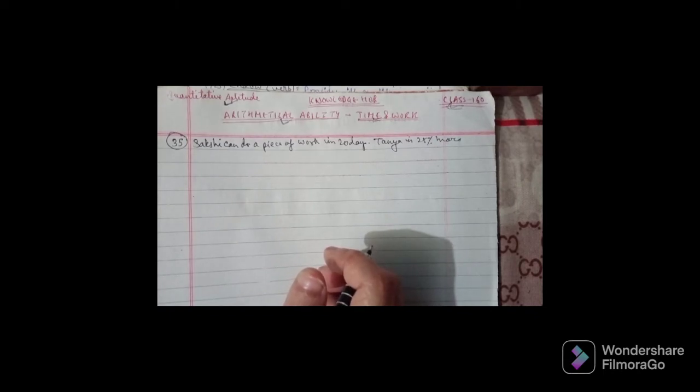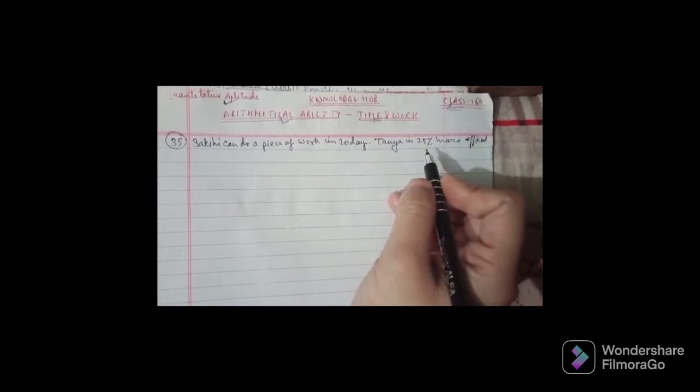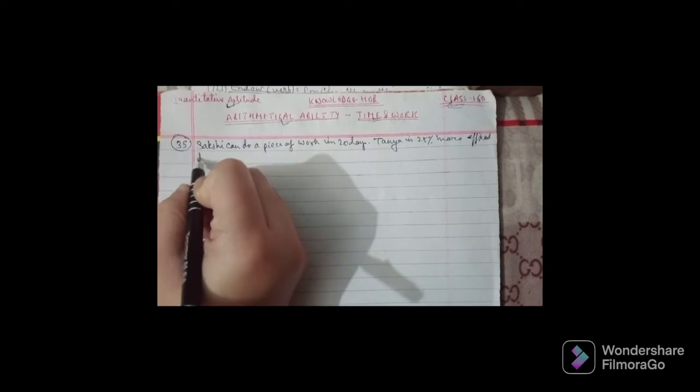Tanya is 25% more efficient than Sakshi.